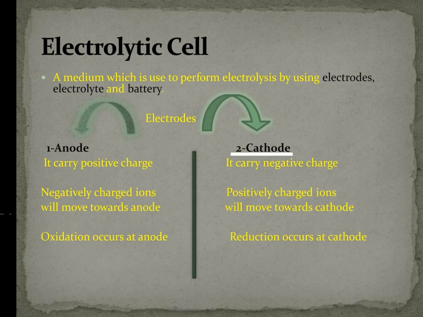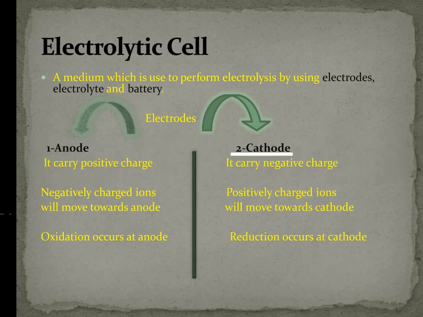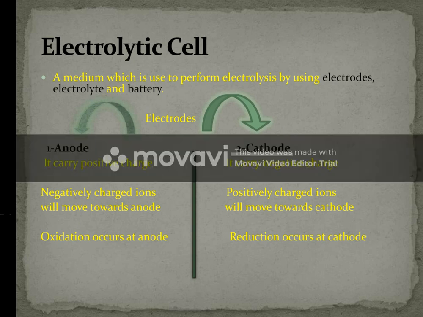Obviously, according to the rules, if it is negatively charged, it has the ability to attract positively charged species towards itself. So that's why the cathode carries negative charge, positively charged ions move towards the cathode, and hence reduction takes place at the cathode. Reduction is gain of electrons.